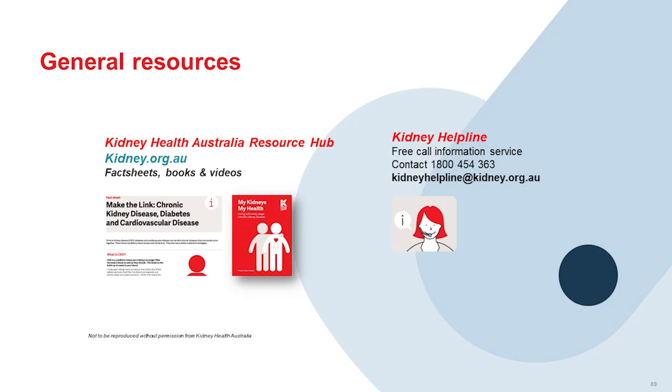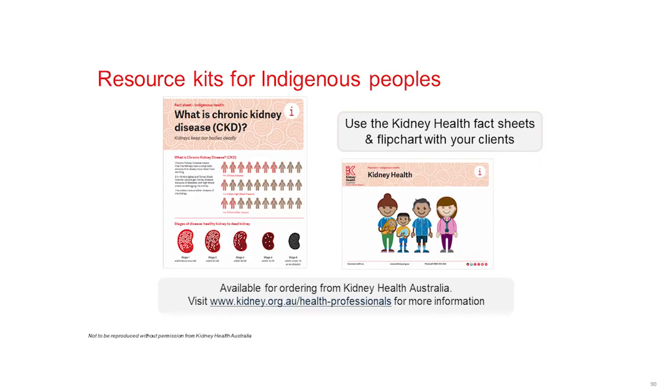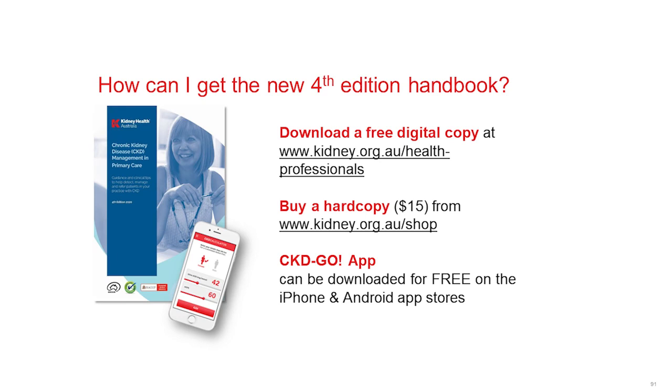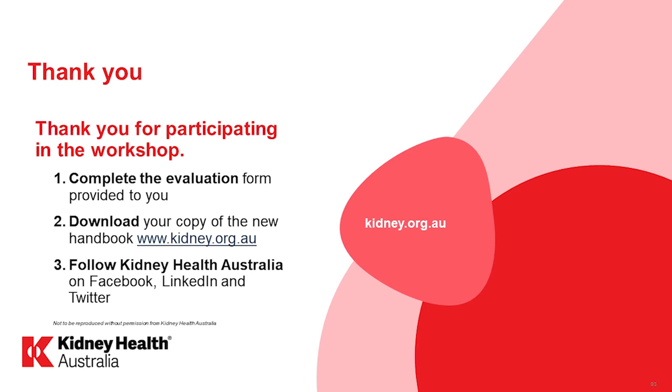I'm sure most people are familiar with the resources that Kidney Health Australia provides, and the resource kits for Indigenous people as well. The fourth edition handbook can be downloaded, or you can buy a hard copy. And there's the CKD Go app, which is also free. But thank you very much. I hope I haven't put you to sleep.